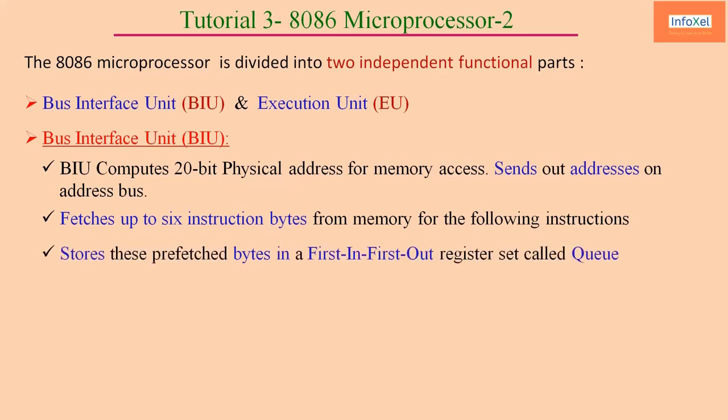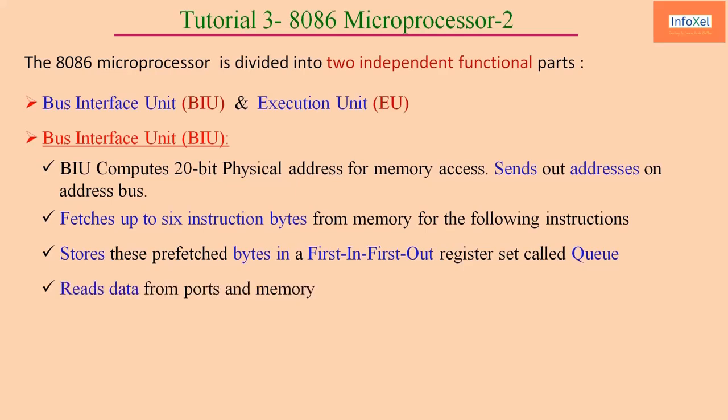It stores these instruction bytes in a prefetched first-in, first-out register set. We call this register set the instruction queue, or simply the queue. Just now we saw in the block diagram 1, 2, 3, 4, 5, 6.